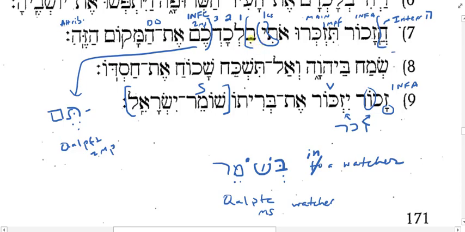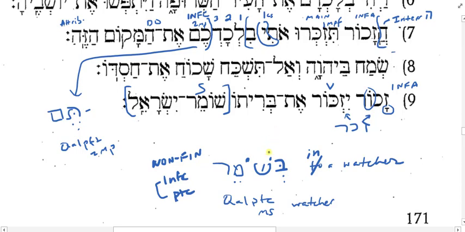You can't add a bet preposition to what's called a finite verb. Only to the non-finite verbs. And the non-finite verbs are infinitive construct and participle. Okay? We've learned the infinitive absolute's not finite either, but you can't attach a preposition to it, as we've said. So these are the only non-finite verb forms that a preposition can be attached to. Okay, does that make sense?